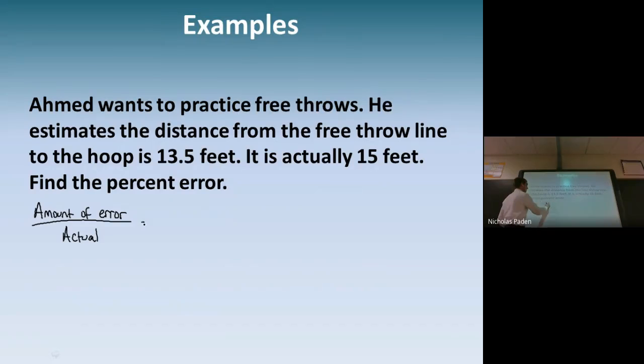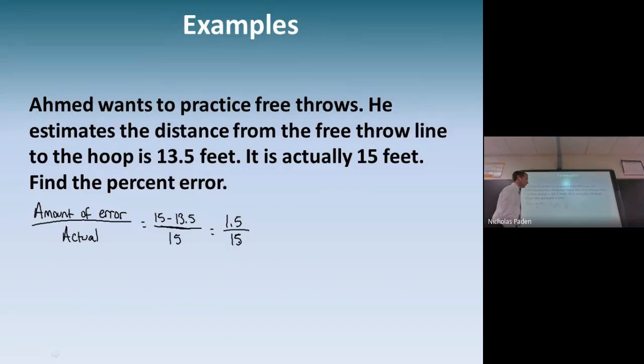Well, it tells us here what the actual amount is. It's actually 15 feet. And the way that we would find the amount of error is subtract those two, 15 minus 13.5. Remember, we always want this to be positive, so make sure it's bigger minus smaller, even if the numbers are switched in the question. When we subtract those two, we get 1.5 over 15.